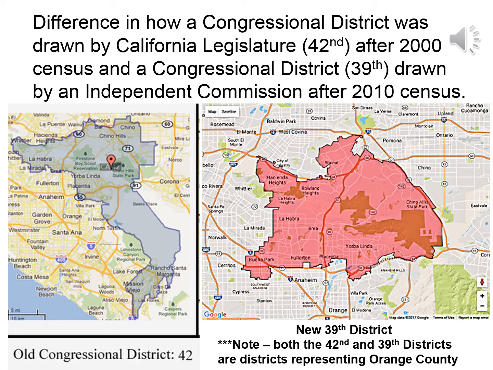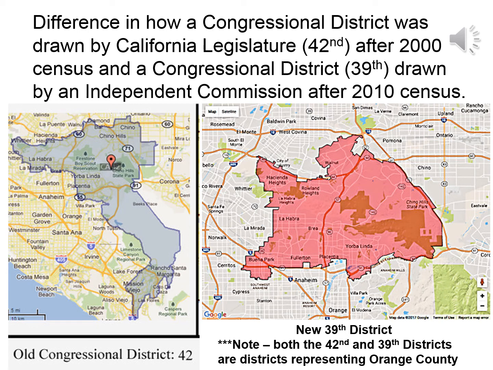Now, the district that encompasses most of that area is now called the 39th district, which was drawn after 2010 by an independent commission. As you can see, it's a much more compact district. Now, you don't necessarily have a district that's drawn based solely on affluence and party membership. It's more based on a district that is more compact and more circular.